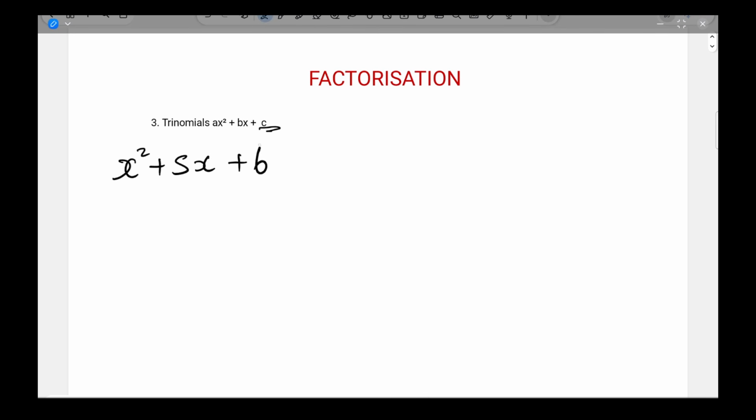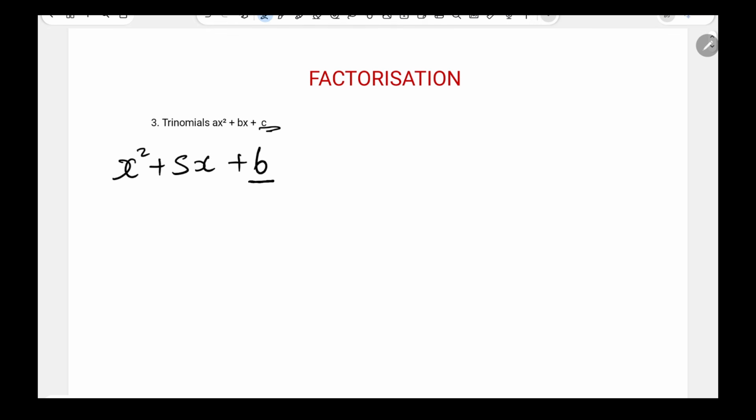Example, x squared plus 5x plus 6. The logic here is: what two numbers multiply to 6, but when you add them, they give you 5?